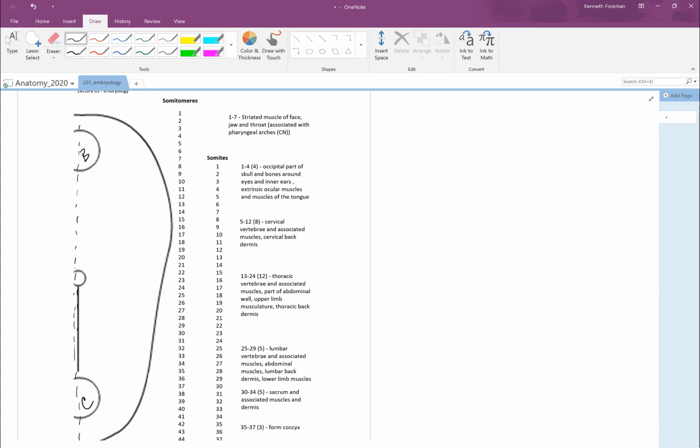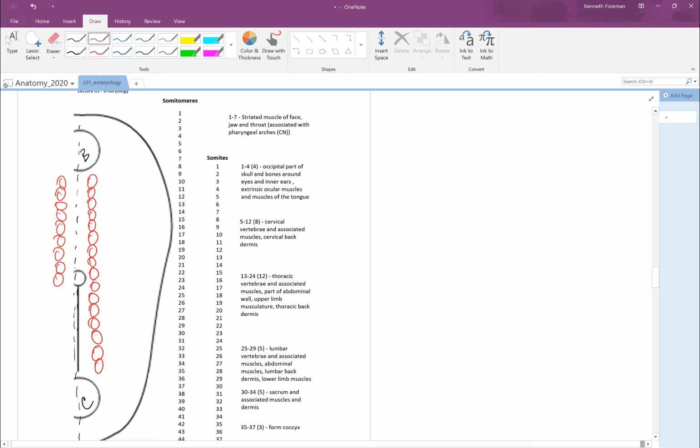Now on each side of these, remember we talked about that column of mesoderm, and that column breaks up into individual units, like twisting a balloon. And basically you get these little balls of mesoderm on both sides, and there's 37 pairs of them on each side.